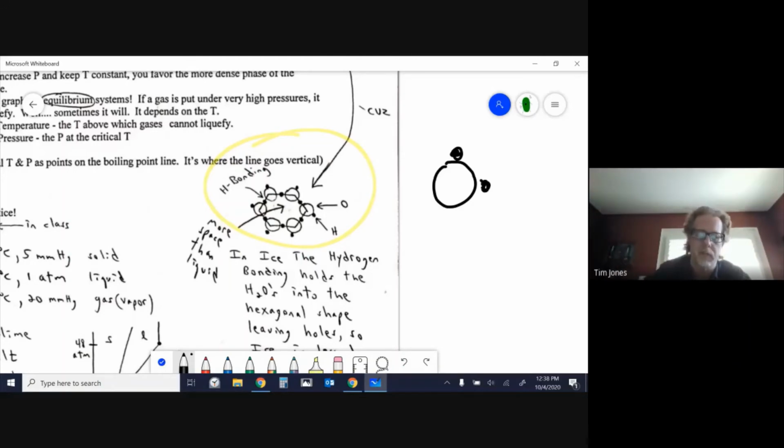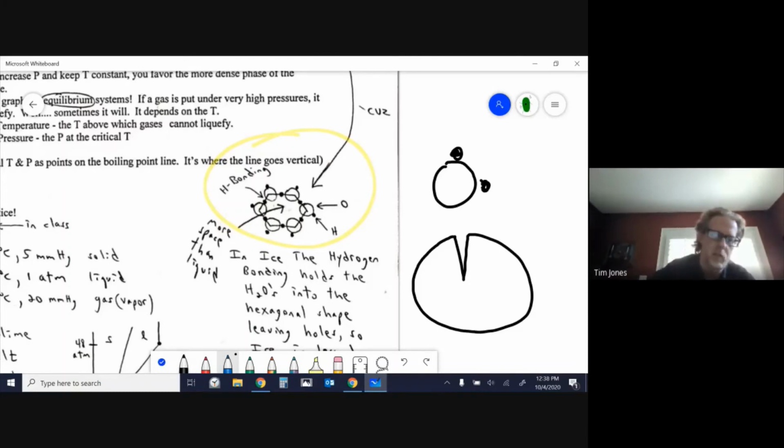It also causes an interesting thing in geology. Say you have a rock with a crack in it. So this is the rock. What happens is liquid water rains down in here, fills the crack, like so.